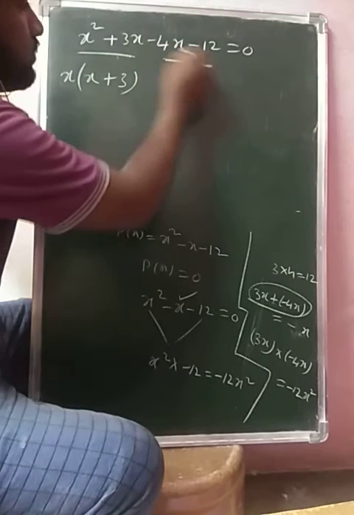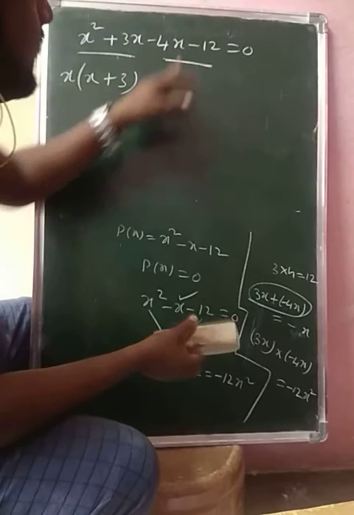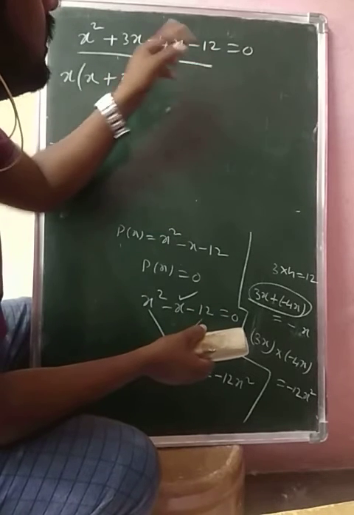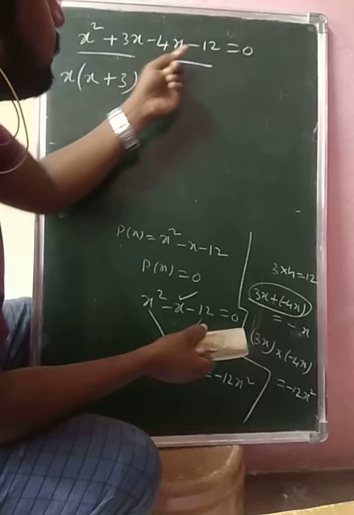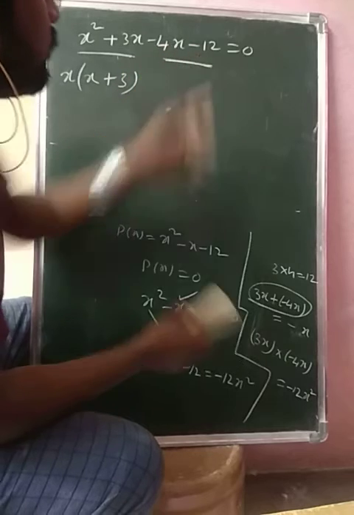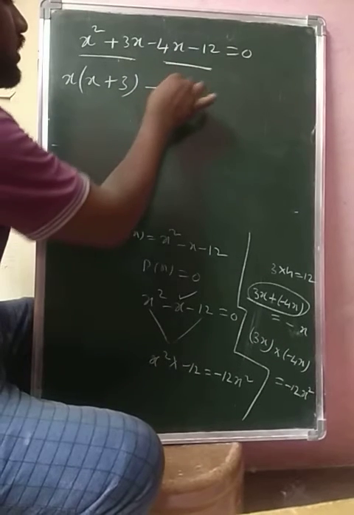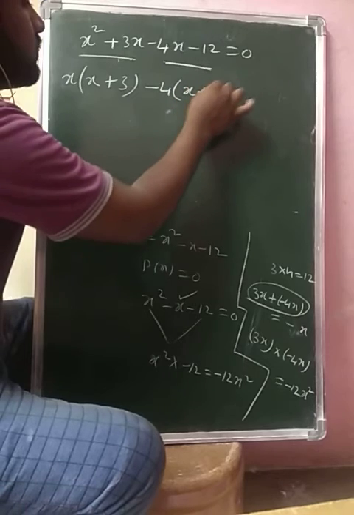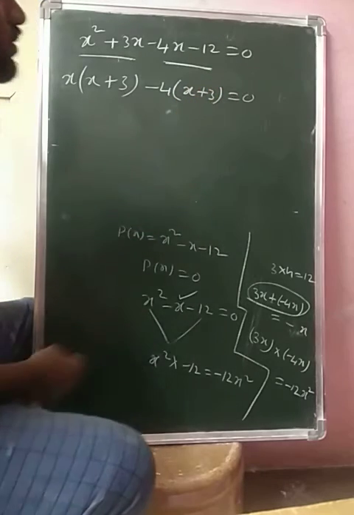The next two terms: here there is no x, here 4, here 12. So 4 is common in these two. That's why if you take out minus 4 common, we get x plus 3, that is equal to 0.